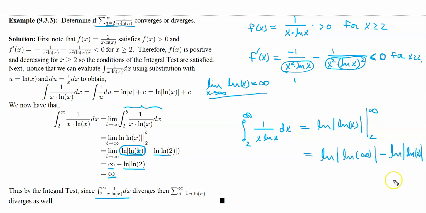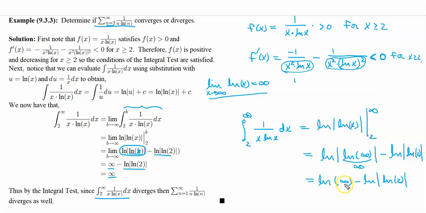As long as you understand that the ln of infinity means the limit as b goes to infinity of the ln of b, which is infinity, you get the ln of infinity minus the ln of the ln of 2.